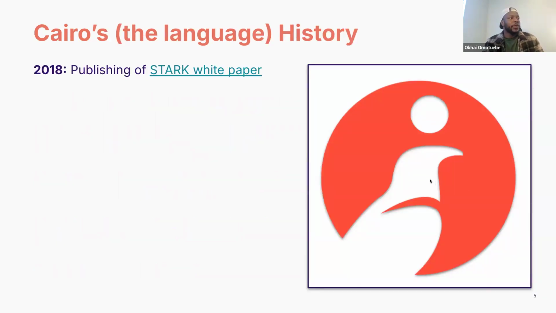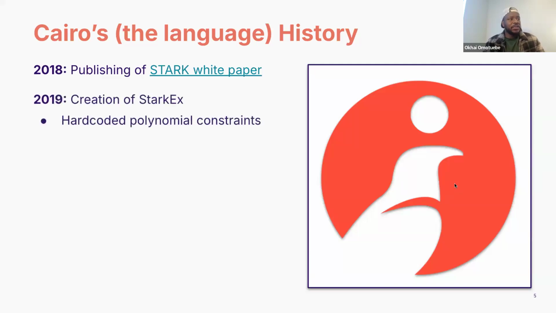In 2018, the STARK white paper was published, which is really vital to the Cairo language, because Cairo generates proofs of computation using STARK technology. If you're interested, you can look into the white paper, but you don't need to go deep into it to follow along in this course. Then there was the creation of StarkEx, which used hard-coded polynomial constraints.